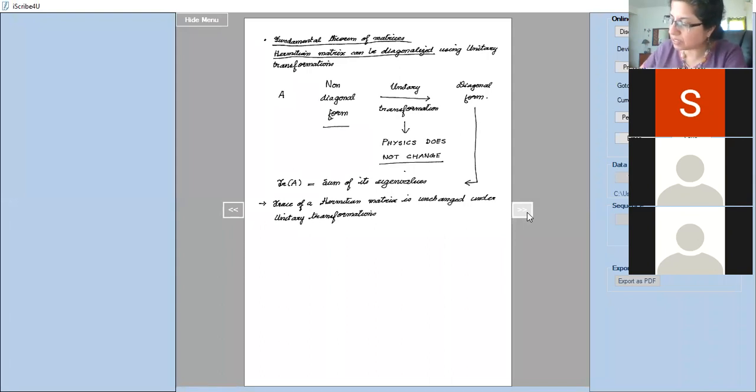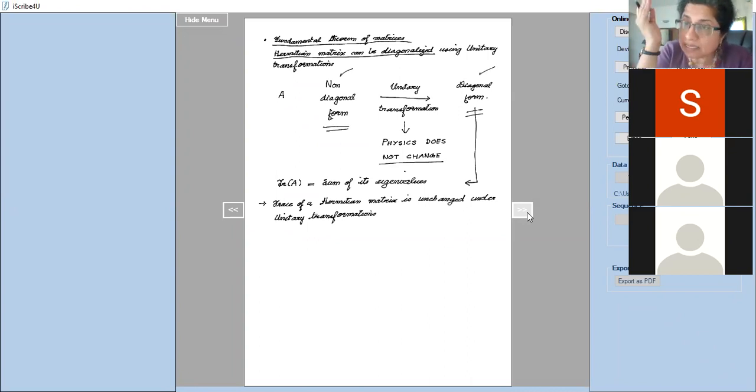Whether the Hermitian matrix is in the non-diagonal form or the diagonal form, the trace remains the same. What is trace once again? It is the sum of its diagonal elements. So the sum of the diagonal elements remains the same whether it's in non-diagonal form or diagonal form.